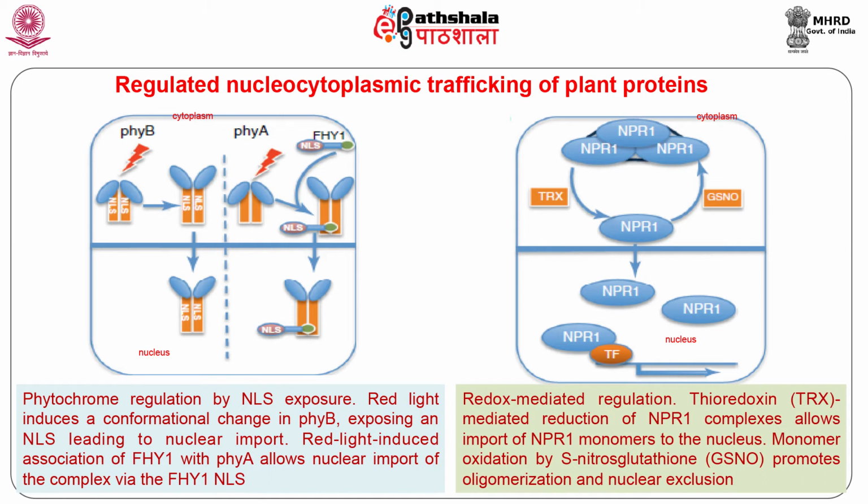These pathways can be grouped into 4 broad categories. This slide shows the first category, which consists of protein modification or conformational change that either masks or exposes nuclear localization signal or nuclear export signal.